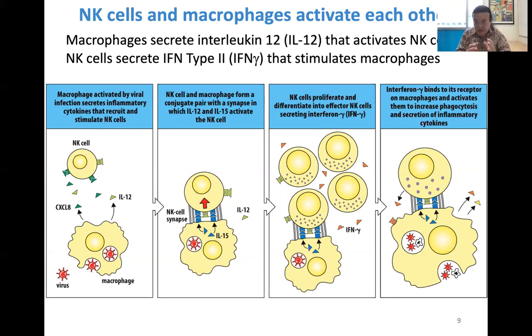Even though they still function as innate cells, because NK cells now, they're not concerned with directly eating or directly destroying a virus particle or a bacteria particle, right? Because that very direct sort of way of doing things is what our macrophages and neutrophils, dendritic cells kind of do as part of their innate immune function, right?